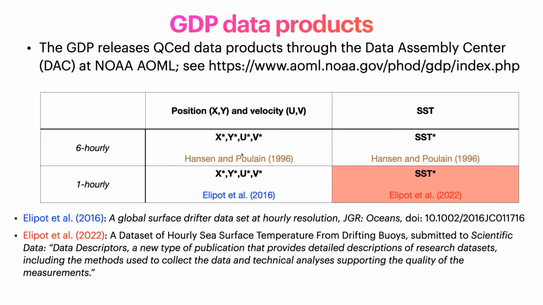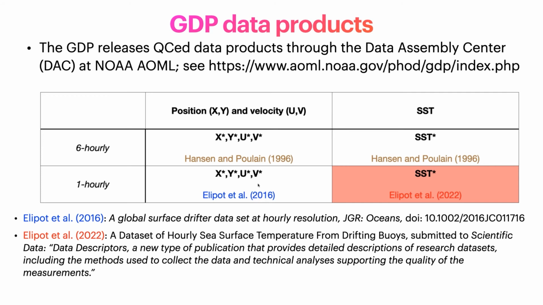The methodology to derive this dataset was described in a paper from 1996 by Hansen and Poulain. And this paper also described how a 6 hourly product of SST is derived using the data of the Global Drifter Program. More recently, since 2016, we've been releasing an hourly dataset of position and velocity that was described in a paper, Elipot et al.